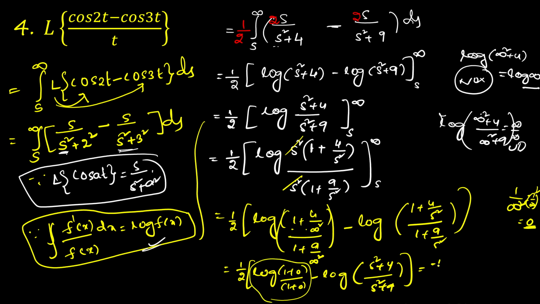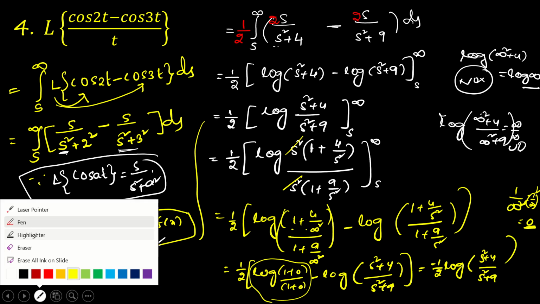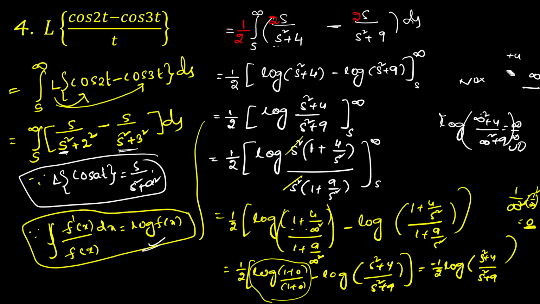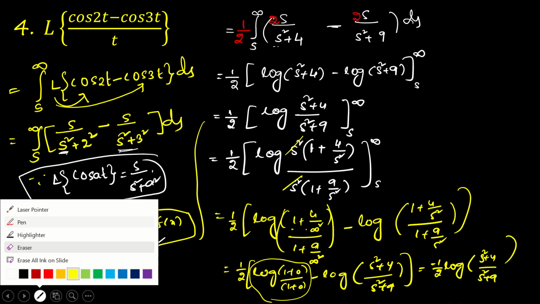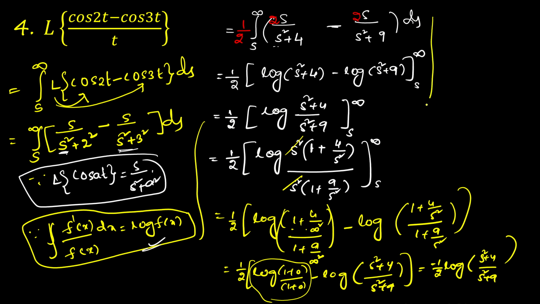Now again we get minus 1 by 2 of log of s square plus 4 by s square plus 9. Next, I am writing here for space constraint. Now we have the log x formula: a log x equals log x to the power of a.